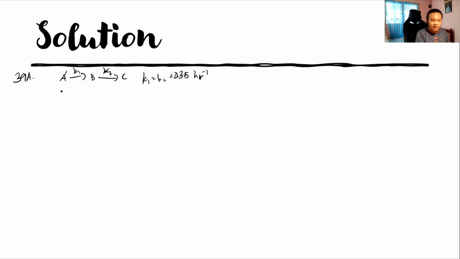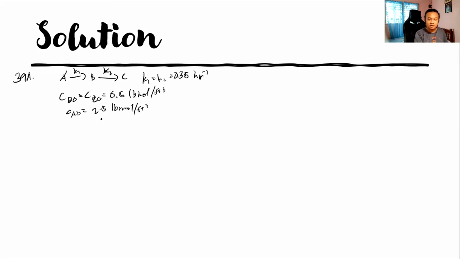So we have CB0 and CC0 of 0.5 pound mole per cubic feet, and CA0 is equal to 2.5 pound mole per cubic feet.